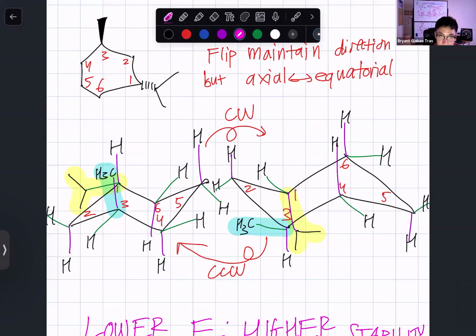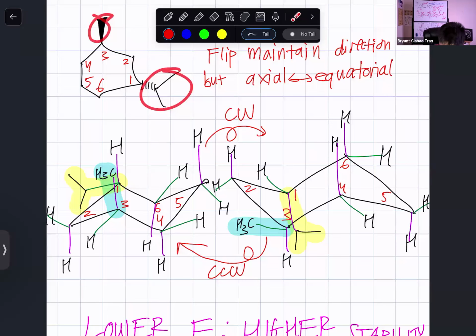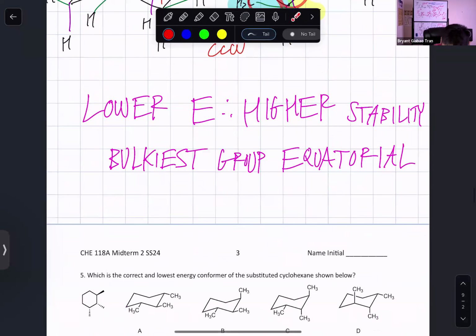If you have more than two substituents, like let's say you had another bromine dash here, then you cannot say cis or trans anymore, right? Cis or trans only applies if the ring or alkene has exactly two substituents. In this case, we see that they're trans because one is facing up, one is facing down.